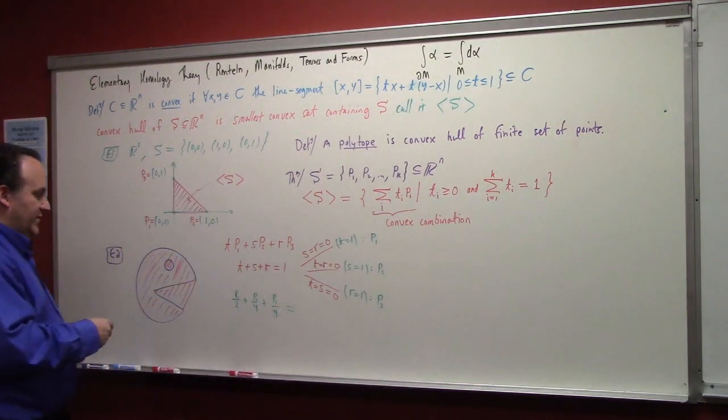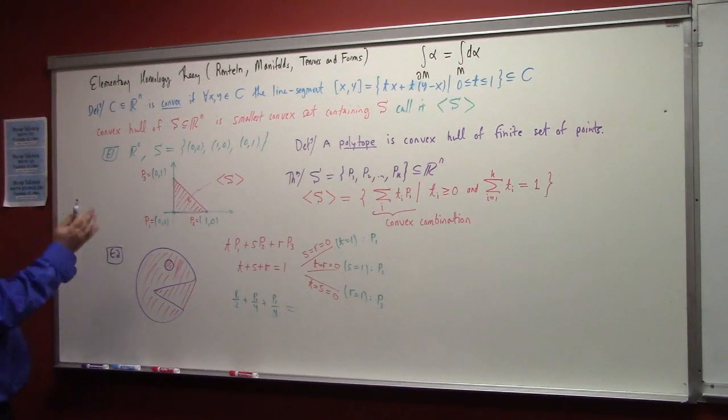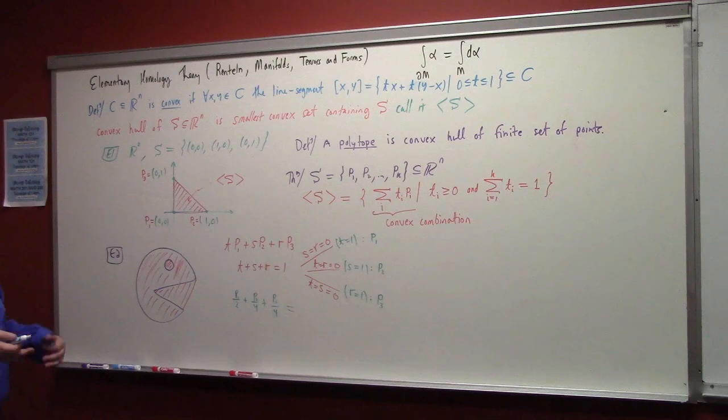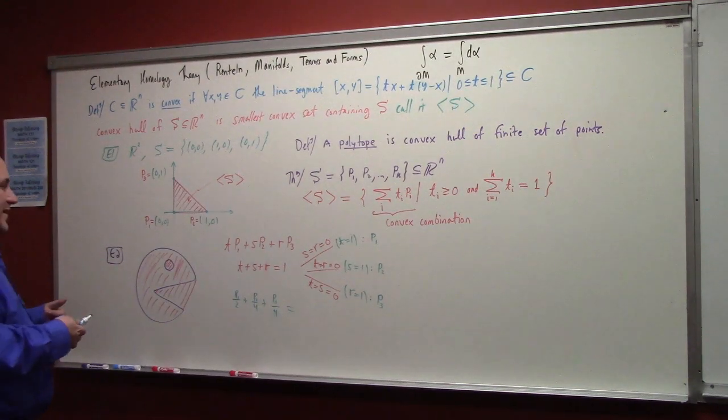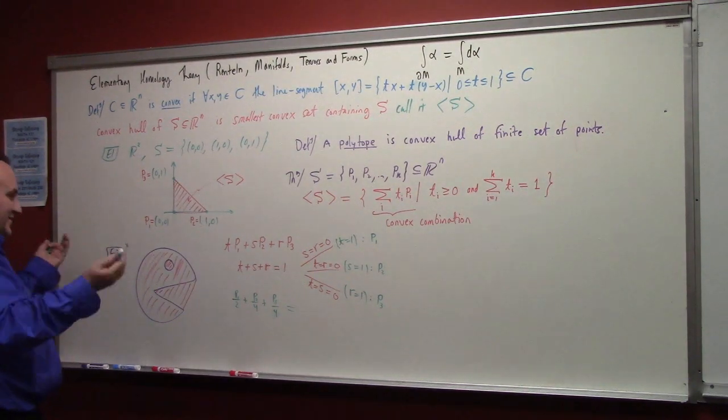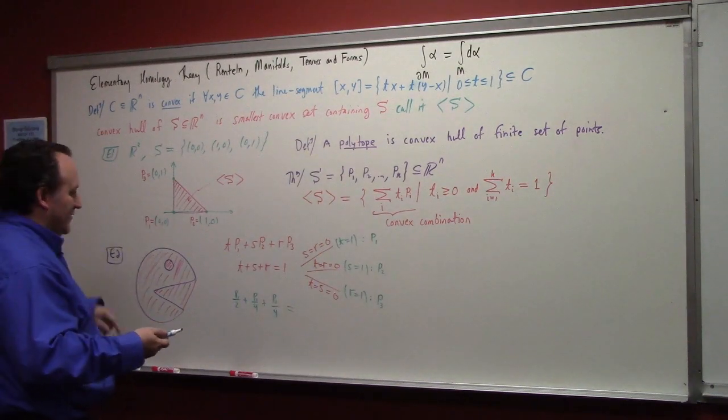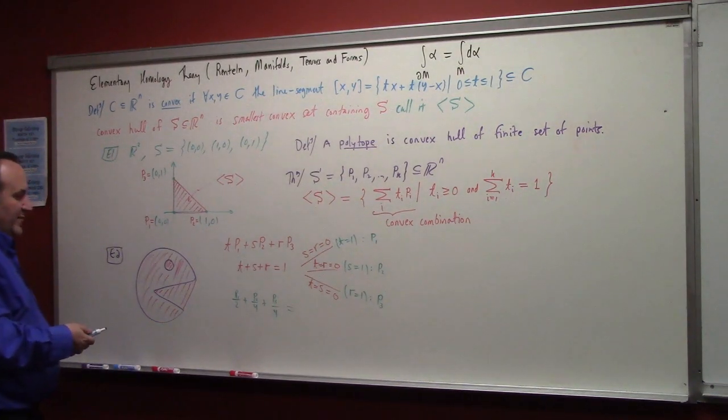For my example 1, well, P1 is stupid. I really should make the origin not be one of the points in this example, to make it more obvious. You're not seeing the full glory of what this thing is with me choosing one of the points to be the origin. But anyway, it probably makes my life easier.